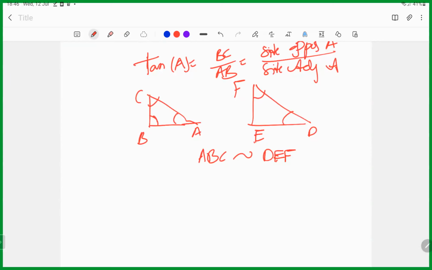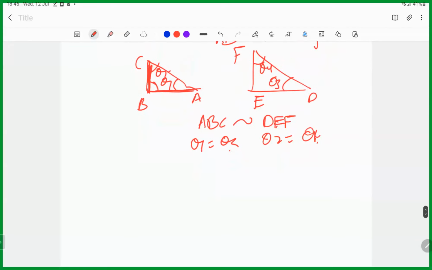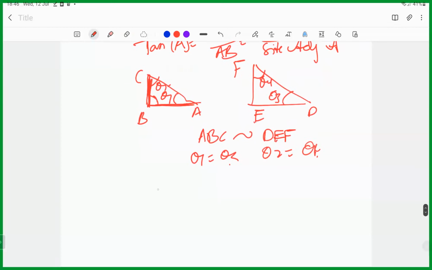Here we are considering the right angle, so 90 is common. Theta 1 equals theta 3, theta 2 equals theta 4. Or we can say the corresponding ratios of the sides are equal, not the sides themselves. So BC by EF equals AB by ED equals AC by DF. Understood?